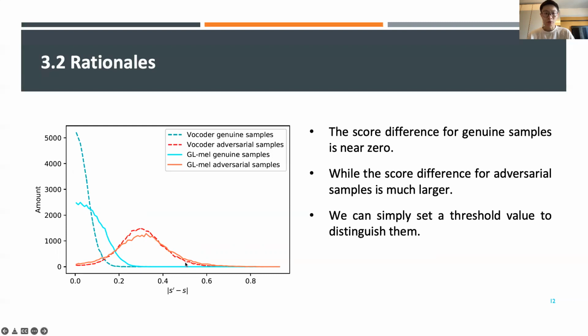We have the following observations. The score difference for genuine samples is near 0, while the score difference for adversarial samples is much larger, and we can simply set a threshold here to distinguish them. And we can get the same phenomenon for the Griffin-Lim.